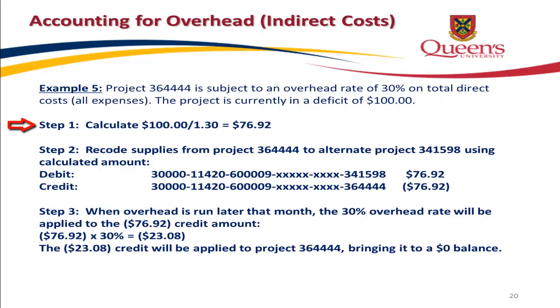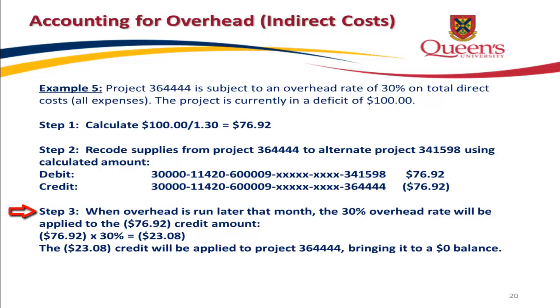The calculation to determine this amount is $100 divided by 1.30, which equals $76.92. The second step involves completing a journal entry to recode $76.92 in expenses from Project 364444 to an alternate project.